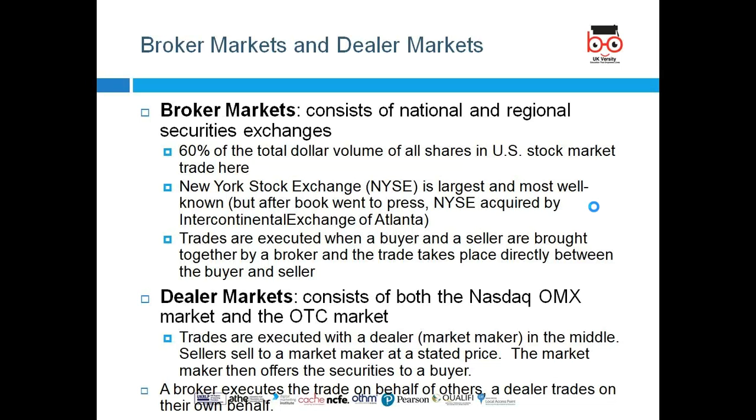So it can be a broker market, a huge broker market, yes? Yes. It consists of national and regional security exchanges. It can be the London Exchange, then other small exchanges as well. 60% of the total is America. What about the UK? Do you have a London?